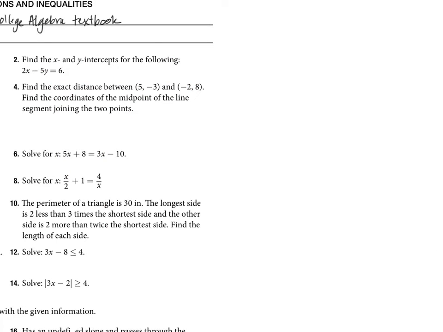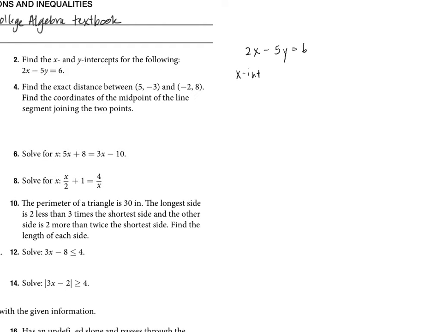Okay, let's go to number 2. Number 2, find the x and y intercepts for the following. So we have this equation, 2x minus 5y is equal to 6. Remember, when you're finding the intercepts, you want to let the other variable be 0.